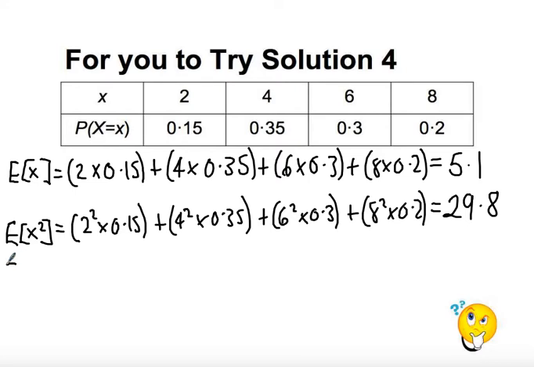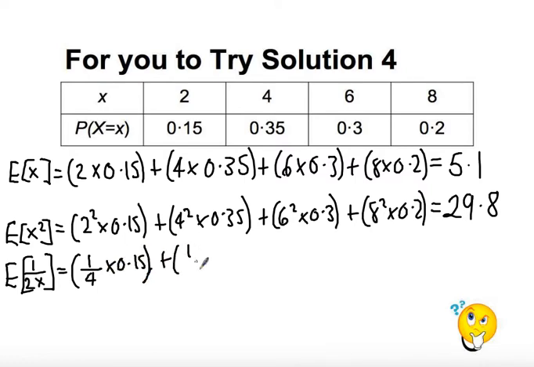Finally, expectation of 1 over 2x. So very similar to what I did a moment ago, except this time I'm going to do 1 over 2 times the x value. So I get 1 over 2 times 2, which is 1 over 4, times 0.15. Plus 1 over 2 times 4, which is 1 over 8, times 0.35.